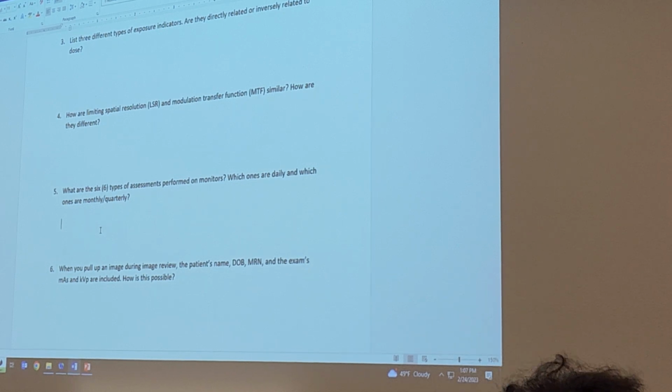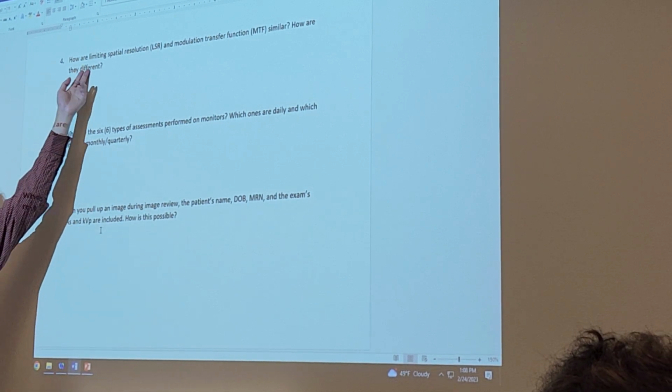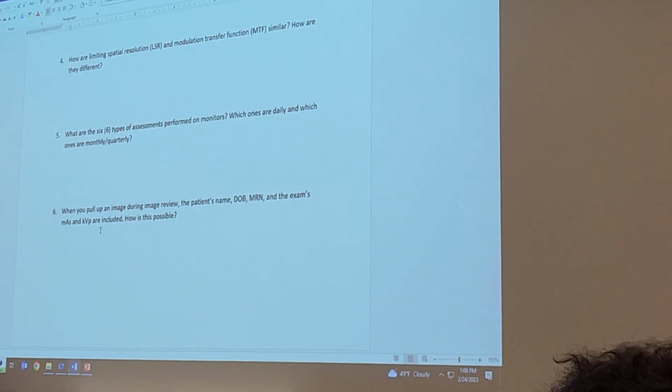Low MTF, low DQE: low spatial resolution, low efficiency. That's the main thing to take away. In layman's terms, the answer to number 4 is that both measure spatial resolution, but LSR depends on outside factors while MTF does not.